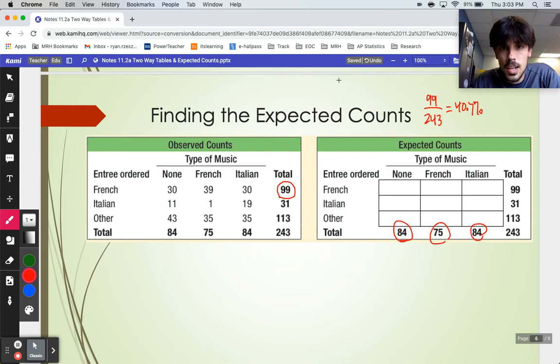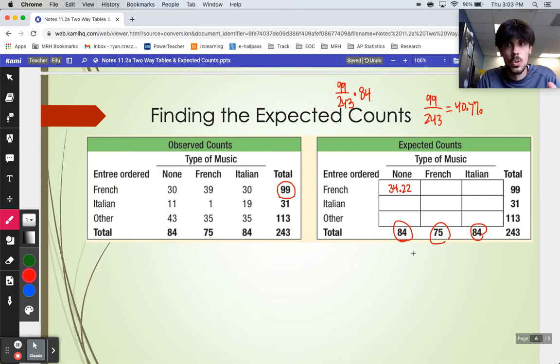So I'm going to take my 99 out of 243, my 40.7%, and multiply by how many are in each category. If I multiply this by 84, that's going to be about 34.22. Of course, I can't have decimal people, but that's what 40.7% of 84 is. And that's just going to be my expected group size.